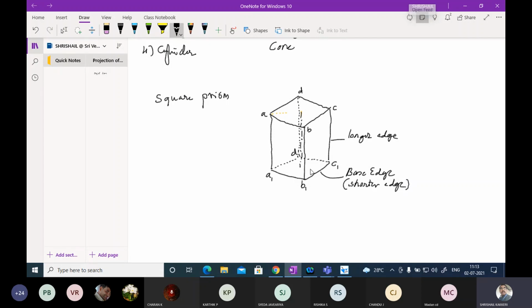These are called the corners, these A, B, C. And this is called the lateral surface, and this is called the axis line. And this is called the bottom surface, and this is called the top surface.